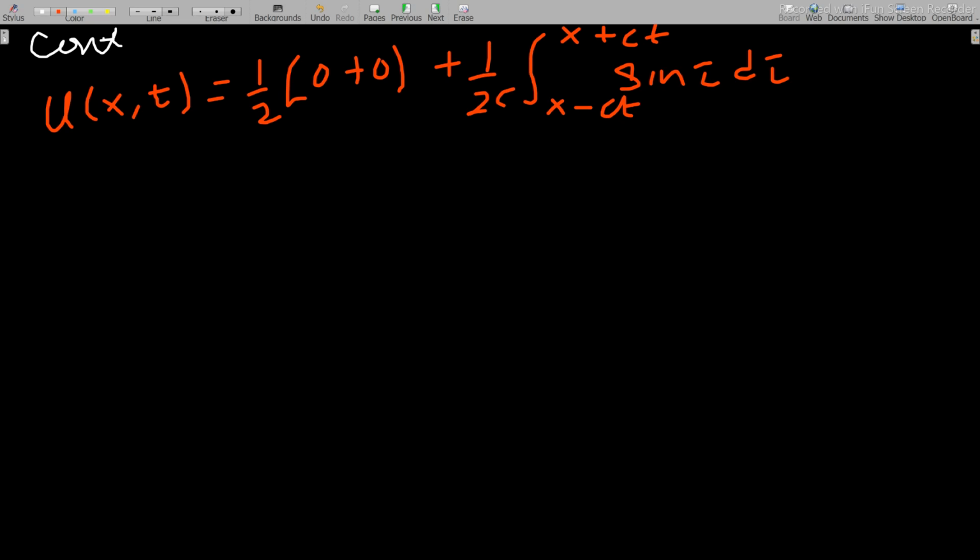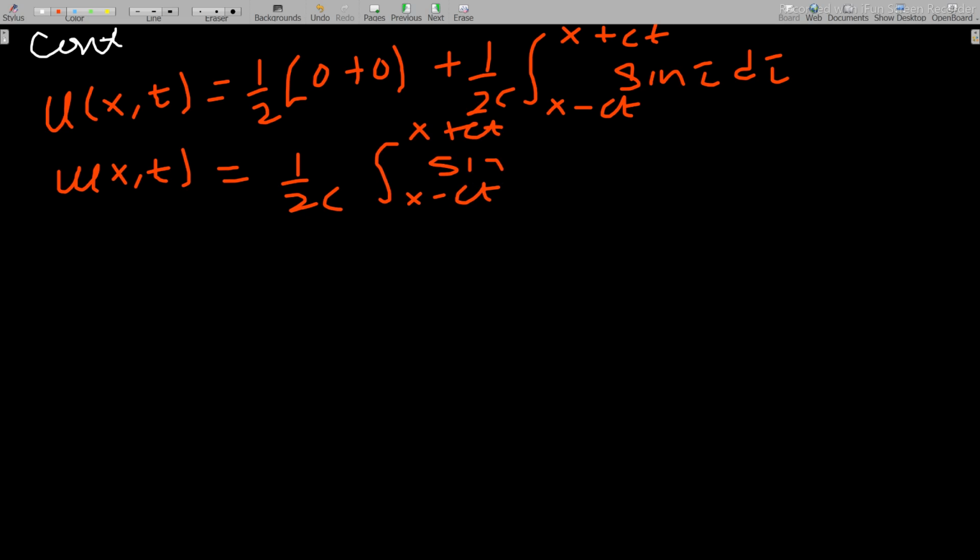So u(x,t) would then be equal to 1/(2c) times the integral from x-ct to x+ct of sine tau d tau. And this becomes simple for us to solve.